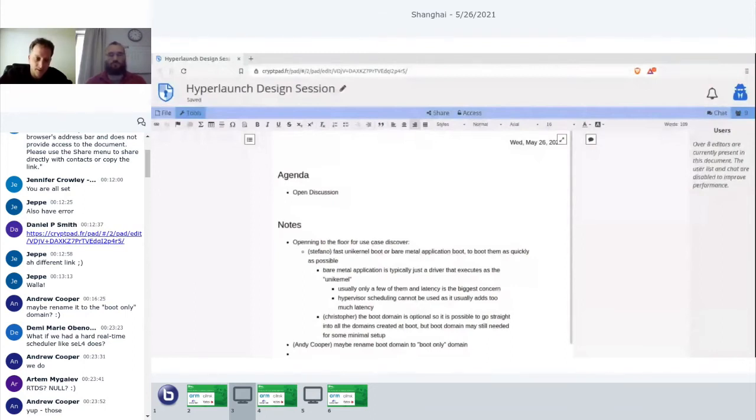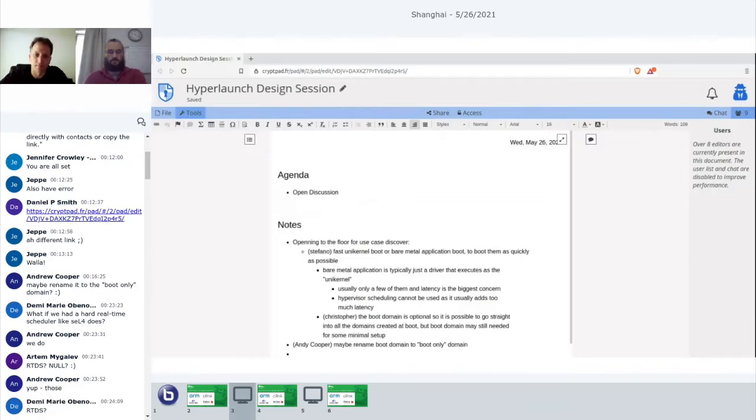I think Connor is going to be giving a presentation on moving scheduling out of Xen into Dom0. There's also the Chromium architecture.